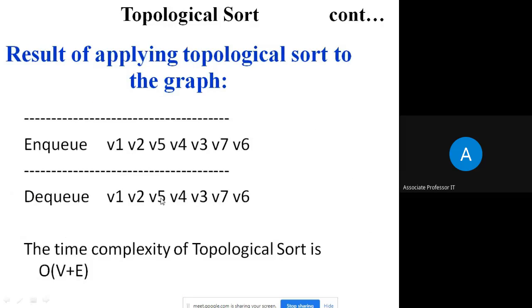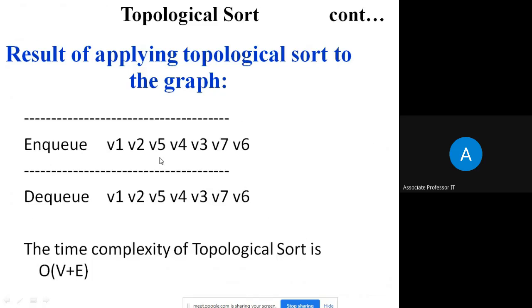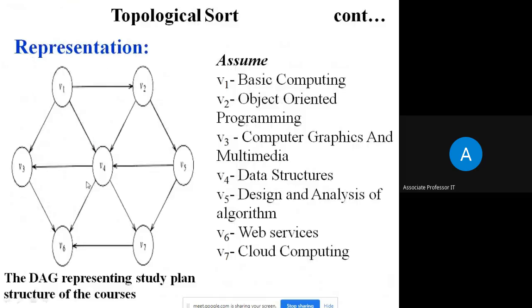Enqueue V2. Then see the graph. V3 or V5, which has no incoming edges? Already V1, V2 are deleted from the graph and enqueued in the priority queue. So next we see V5. V5 has no incoming edges, so it is enqueued in the priority queue. Then see the graph.